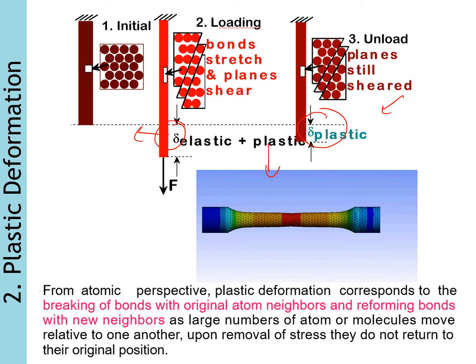So from an atomic perspective, plastic deformation corresponds to the breaking of bonds with the original atom neighbors and reforming the bonds with new neighbors. As a large number of atoms or molecules move relative to one another, upon removal of the stress they do not return to their original positions, as you can see from here.